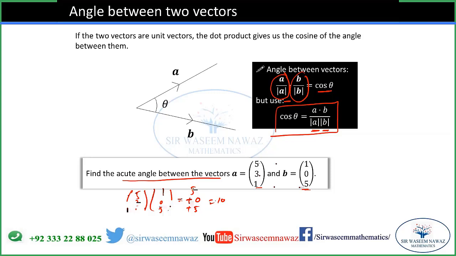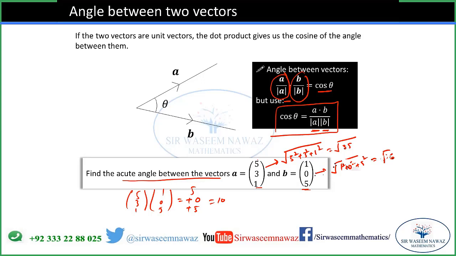Now, what is the magnitude of this A? Just take the squares and then add: 5 square plus 3 square plus 1 square. That will be 25 plus 9, 34, plus 1, 35. And what is the magnitude here? 1 square plus 0 square plus 5 square. That will be the square root of 26.